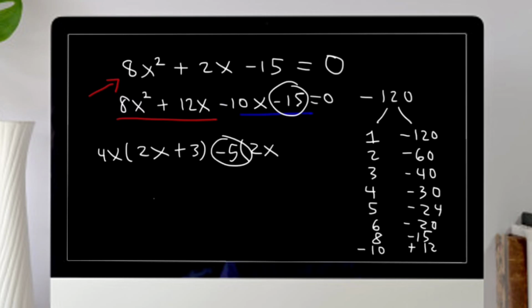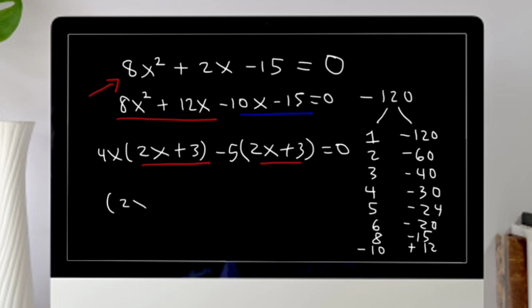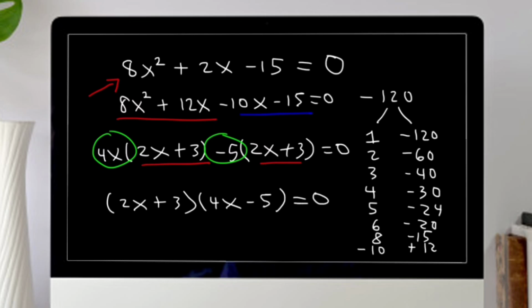Negative 15 divided by negative 5, that's plus 3. Now if you get two common terms, that means you're on the right track. You can write it once in a parentheses in the next line. Now the stuff on the outside, 4x and negative 5, that's going to go in the second parentheses. So that's what we have.